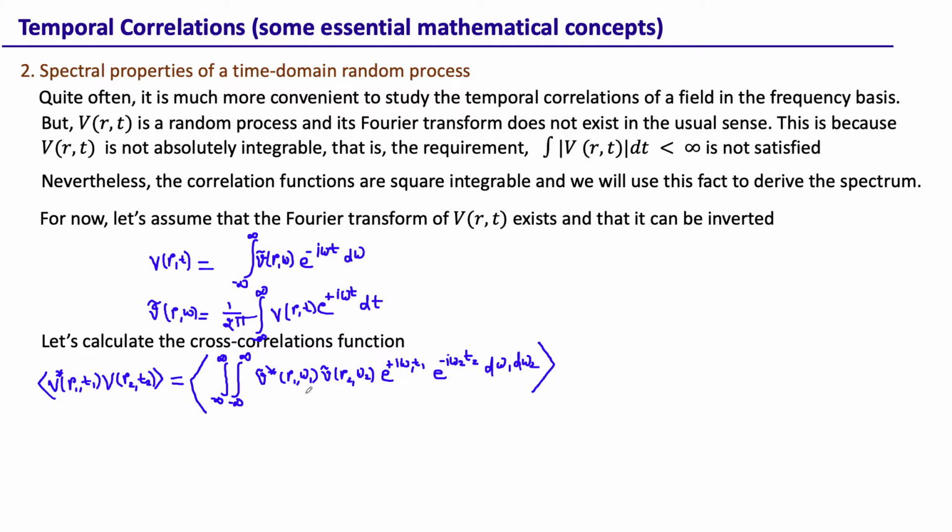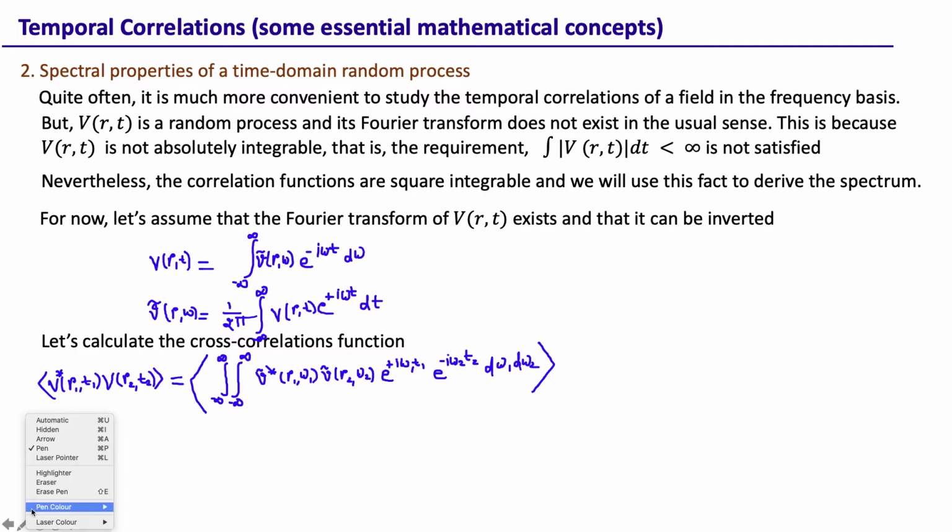Now, in this entire thing, only these are the random variables: V star r1 omega 1 and V r2 omega 2. So, what this means is that the ensemble average essentially works for this product. These are non-random functions, so they are not affected by the ensemble average.